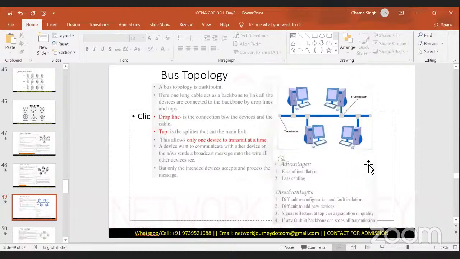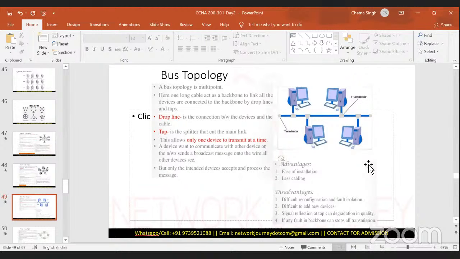The algorithms are like CSMA/CD, that is carrier sense multiple access with collision detection, and for the wireless medium we have CSMA/CA. So for the wired medium we use CSMA/CD, which is basically meant for Ethernet, and for the wireless medium we have the CSMA/CA algorithm, which runs to ensure who is going to access the medium, so that the information is passed properly.